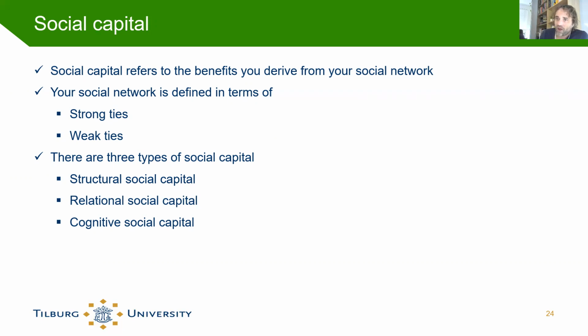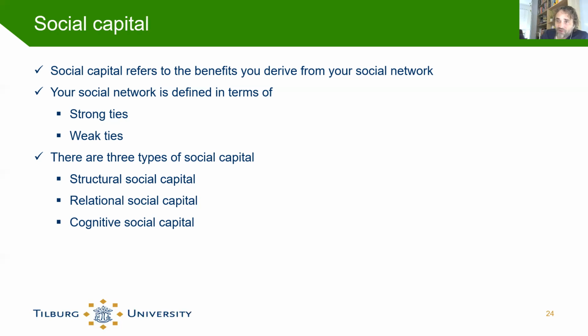Is there a shoulder to cry on? If I need help with my homework, with the exam, who can I go to? If I have a very general question, who can I ask? Can I ask it on Instagram? Who can I borrow money from? Basically all the emotional and social and physical benefits you get from your social network is your social capital.